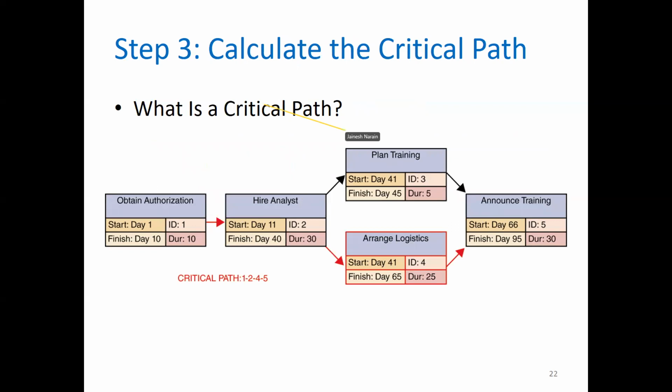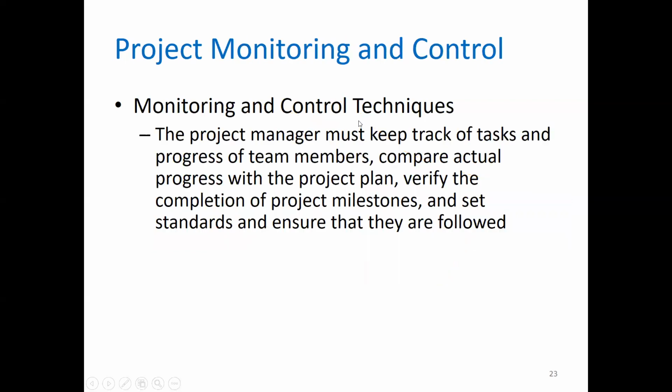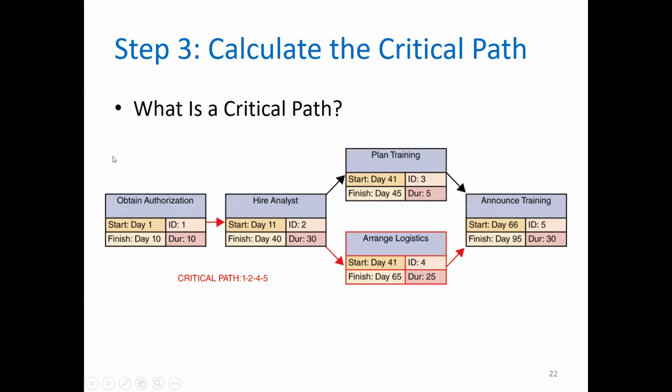What is a critical path? Okay, what is a critical path? Critical path analysis is generally done using something like what you are seeing on the screen at the moment.